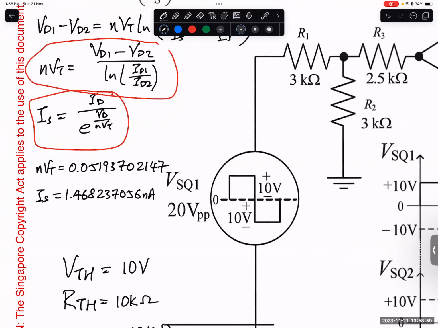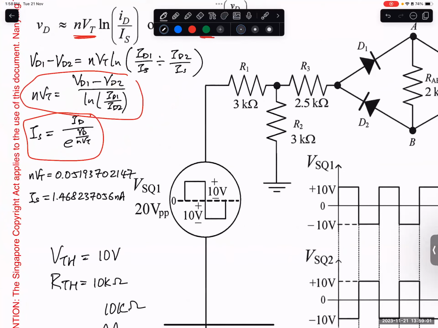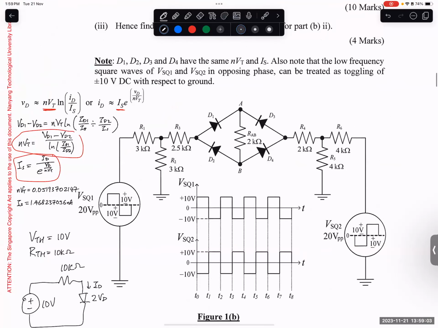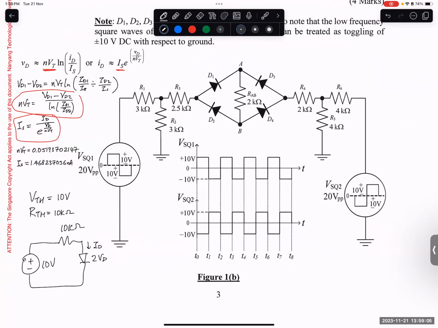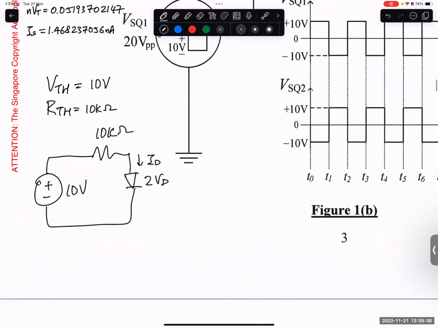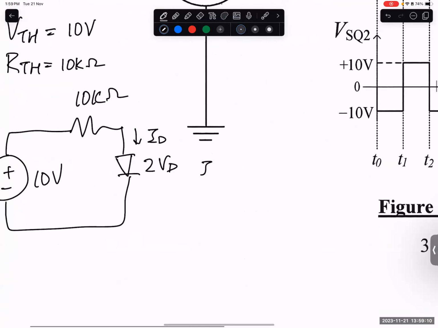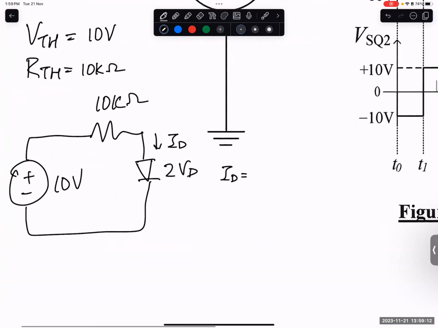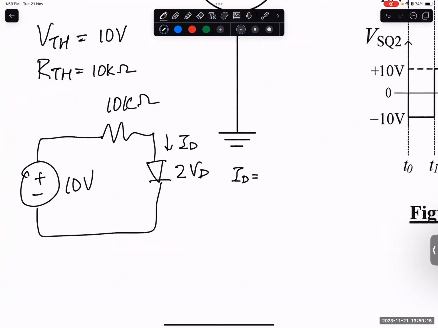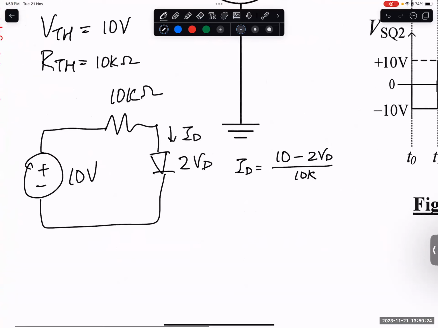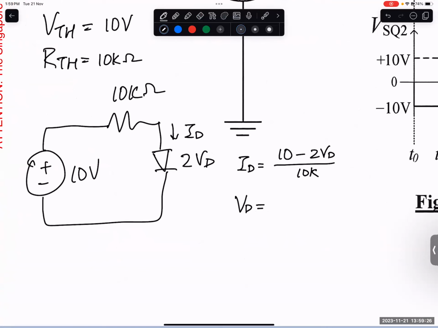From these two values we can construct the equation. Firstly, with our equivalent circuit, we need to determine the equation for ID. So ID equals 10 volts minus 2 VD divided by 10 kilo ohms. Your VD is the diode equation, NVT ln ID over IS.